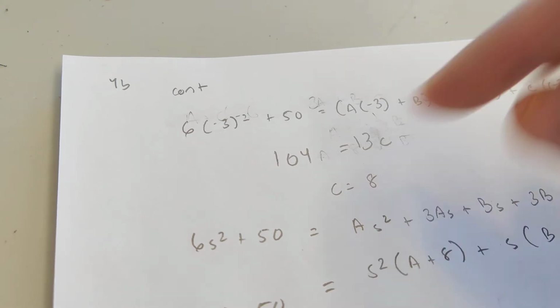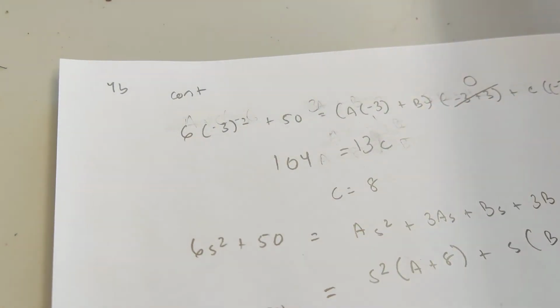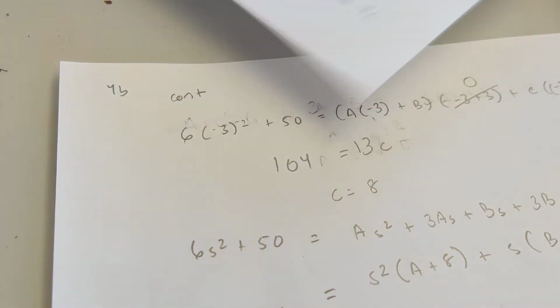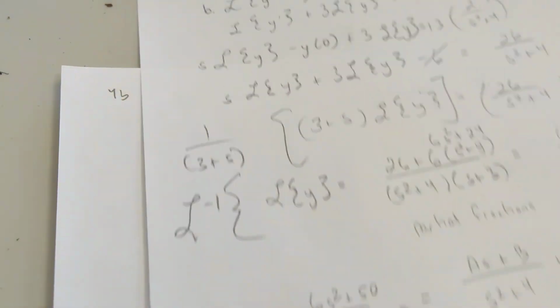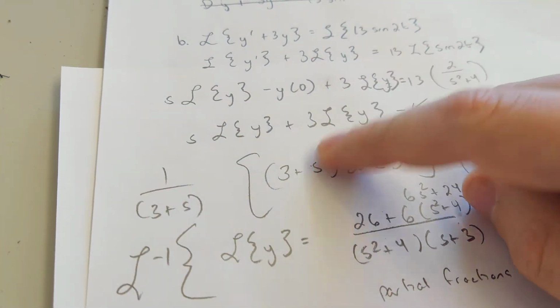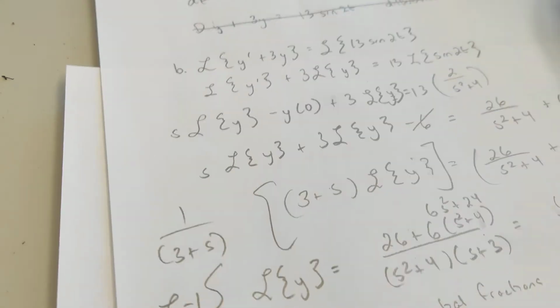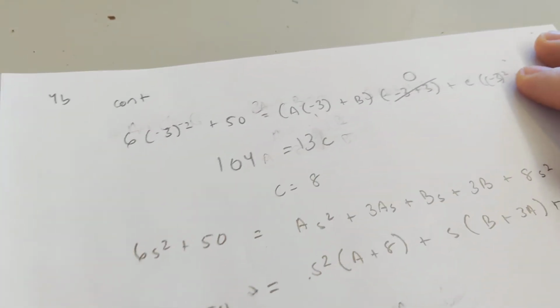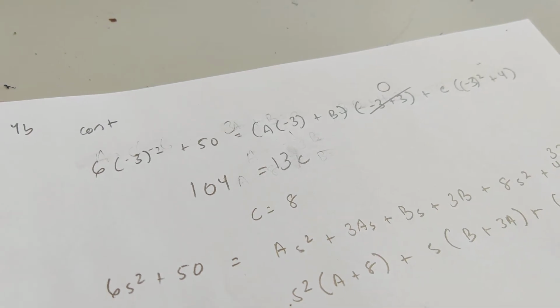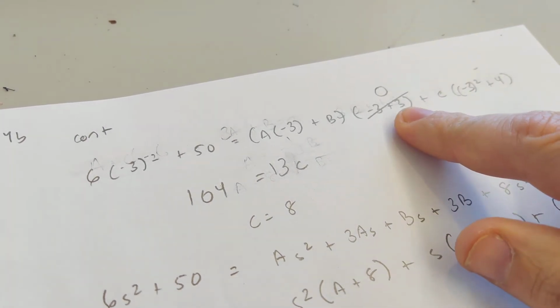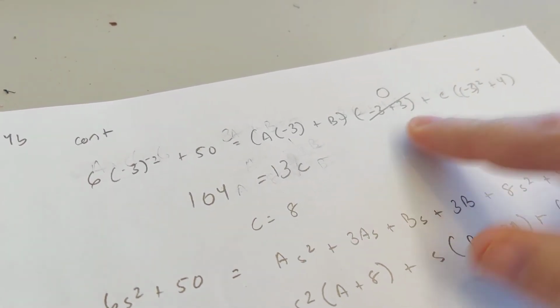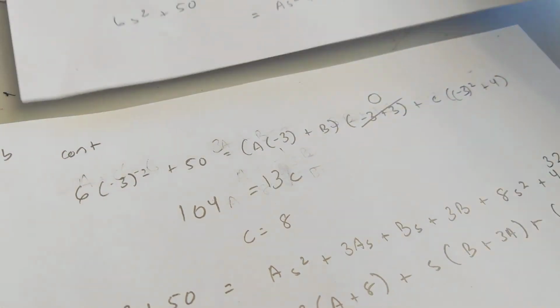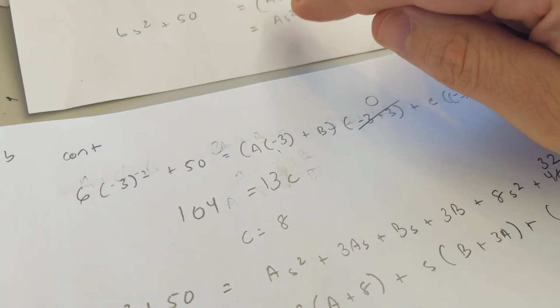Substitute in the minus 3, and the reason we're using minus 3 is because of our s plus 3, which we know is a root. And that is helpful for us because it zeroes out this term, and that's just substituting minus 3 in for s.